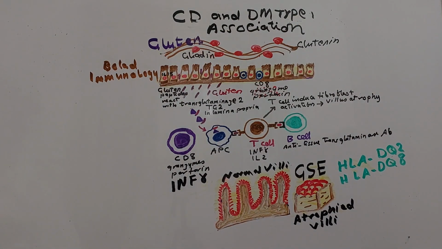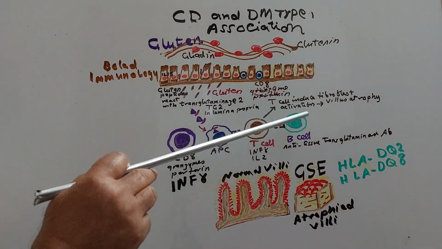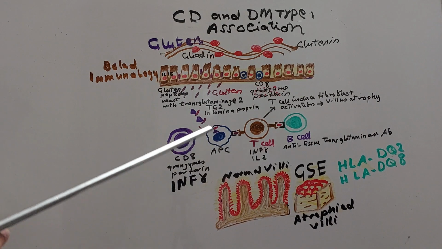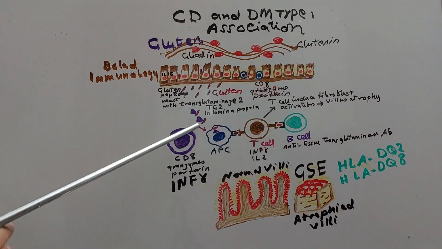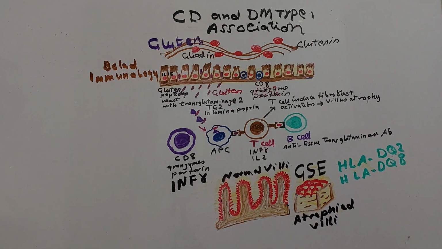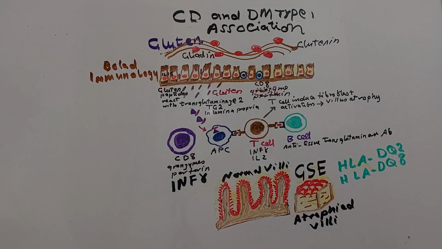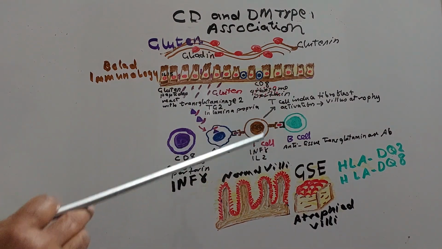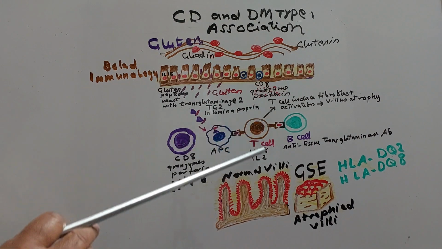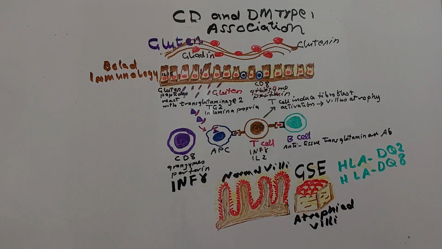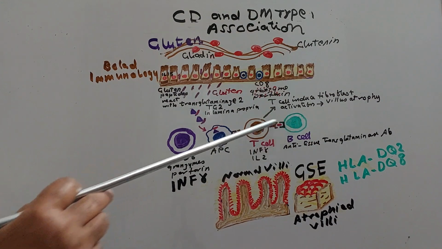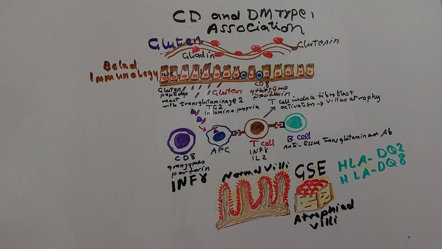So now B cells enter the game and get activated, and they are also antigen presenting cells, so they can take these molecules, gliadin together with transglutaminase, process them and present them to T helper, here most probably T helper 2, and it helps T helper produce interleukin 4, which is a growth factor for B cells.